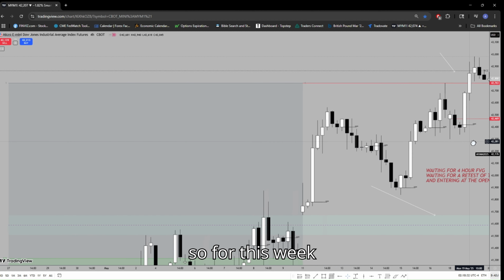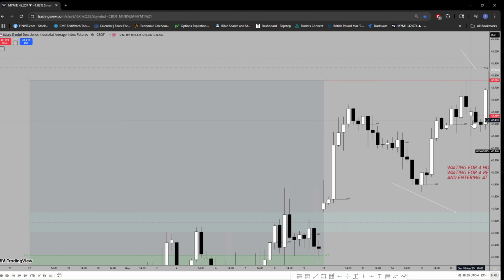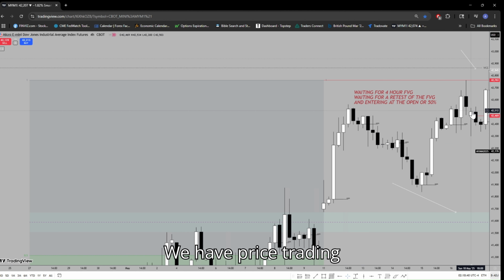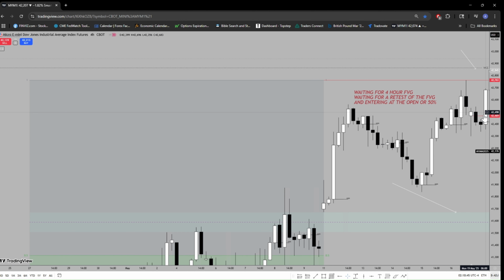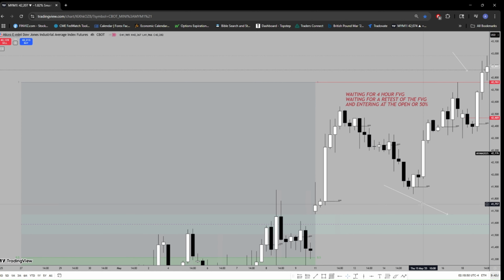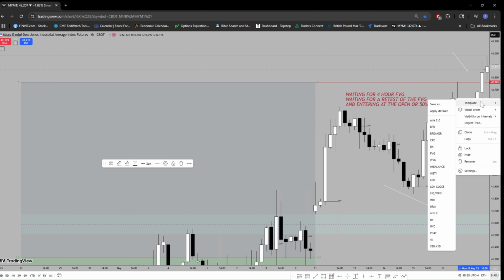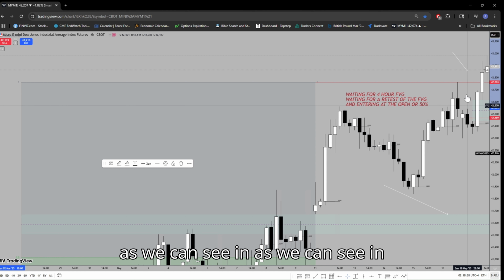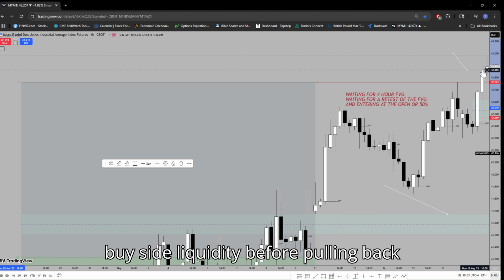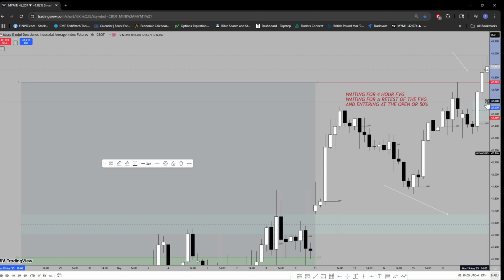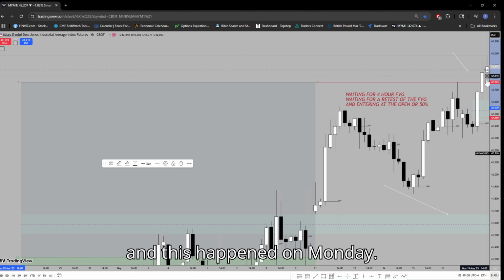So for this week, we have price trading towards the buy side going into Monday open. Then we form a fair value gap. As we can see in hindsight, we traded into our buy side liquidity before pulling back. And this happened on Monday.